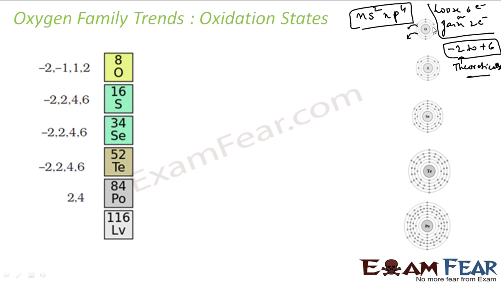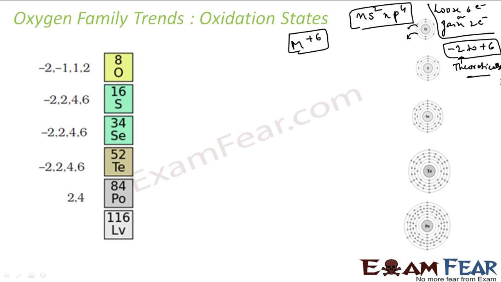Also, if you somehow form an element with +6 oxidation state, its stability will be very low. It won't be stable. So +6 is something which is not commonly seen.